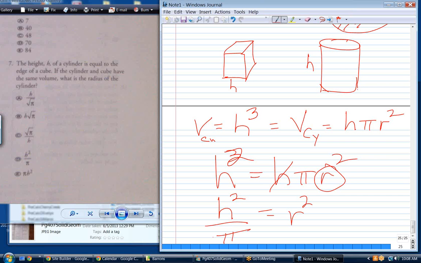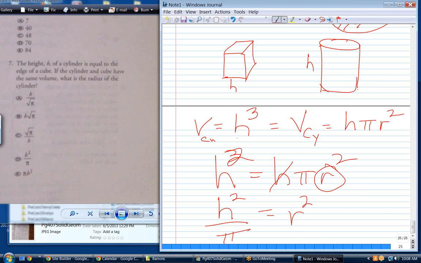It's equal to h squared divided by pi. So r is what? The square root would be h divided by the square root of pi. Which is answer A.